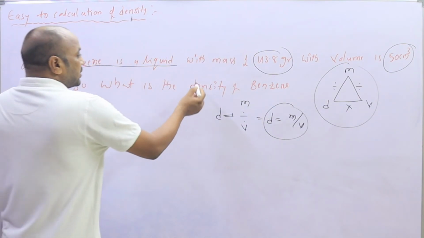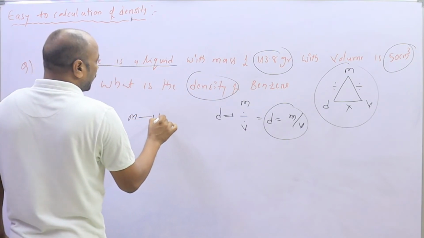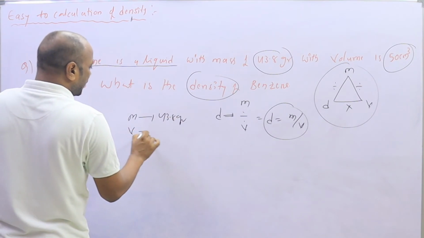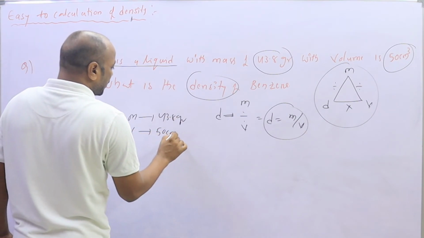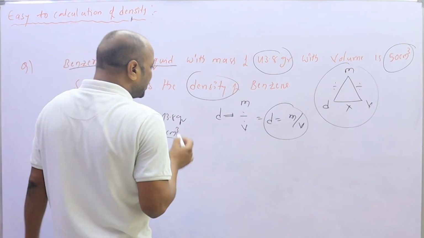It is the original density formula. So you can find out the density. The mass is given as 43.8 grams and the volume is given as 50 centimeter cube. So what is the density of benzene?